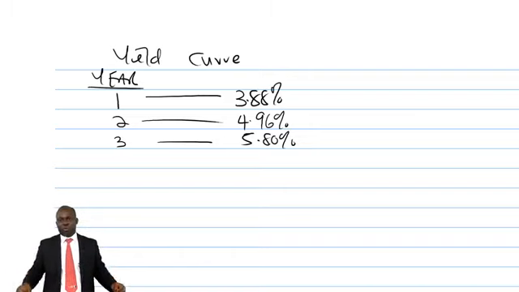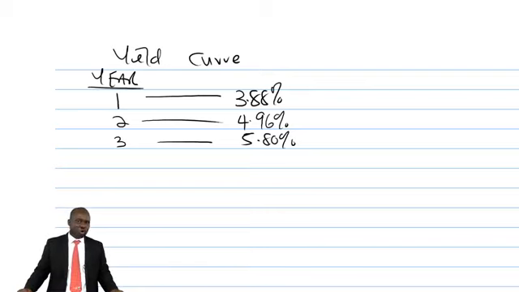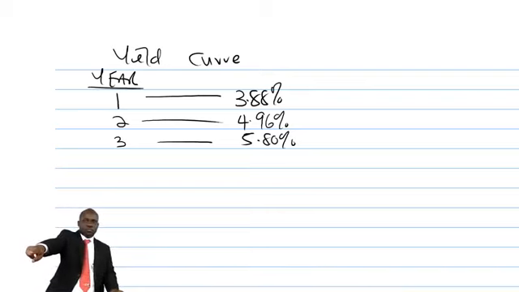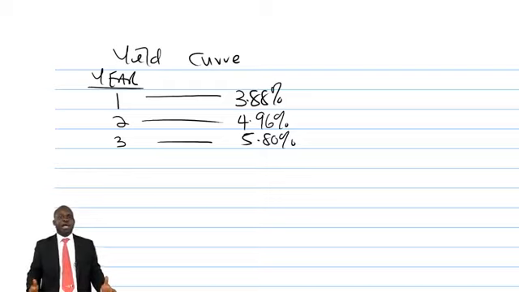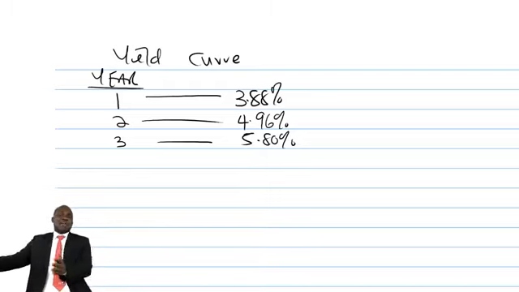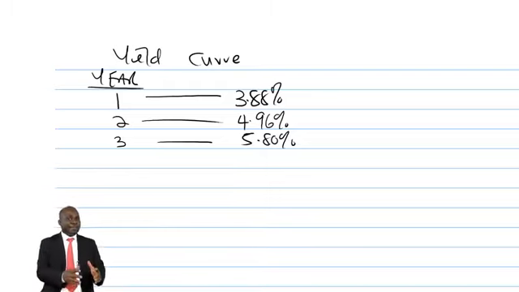What WACC will I need? It will be the project-specific WACC if the new project is a diversification away from my main activity.